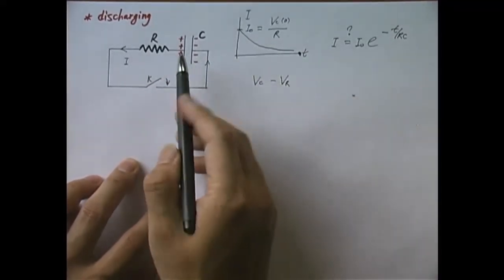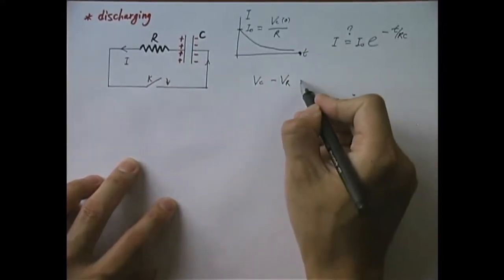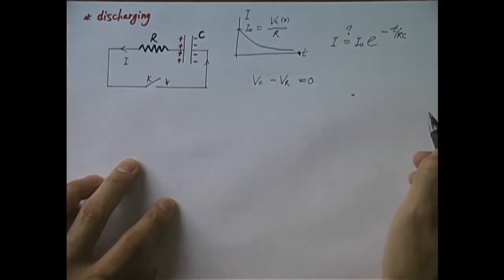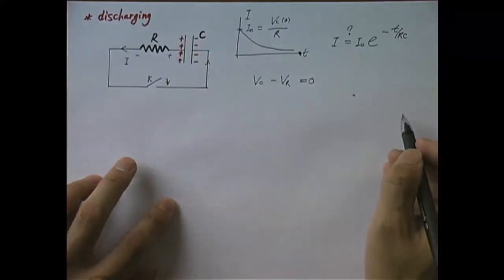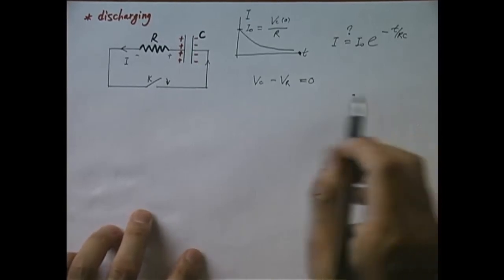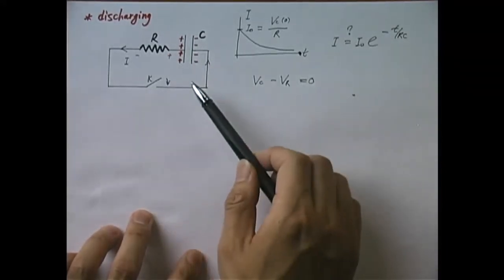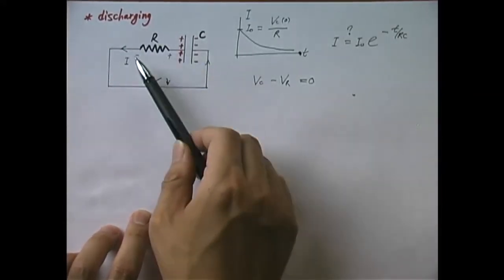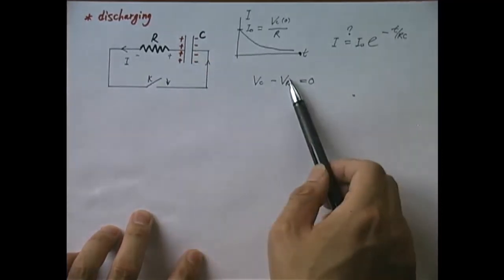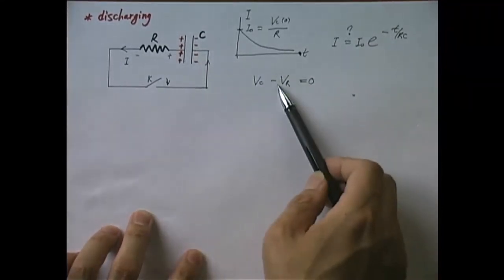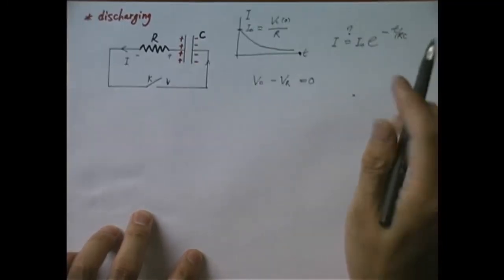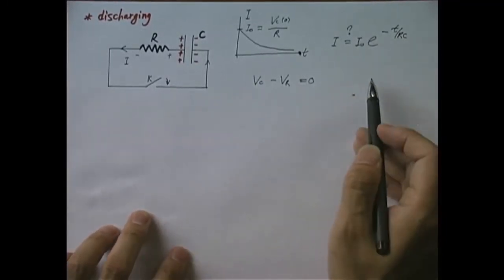Because the current, the voltage drops down, and that is 0. So here is the positive, and here's the negative. In the past, in the charging case, we allowed the current to flow that way. So at that time, that VR was actually from here to there, and here is reversed.